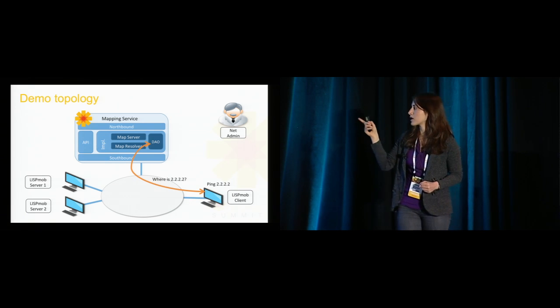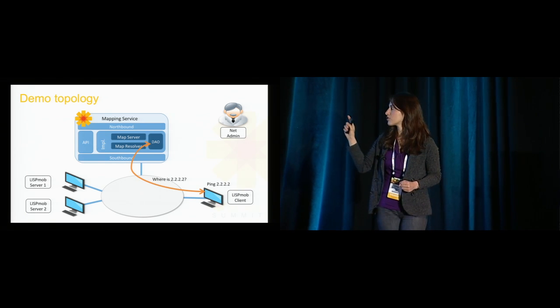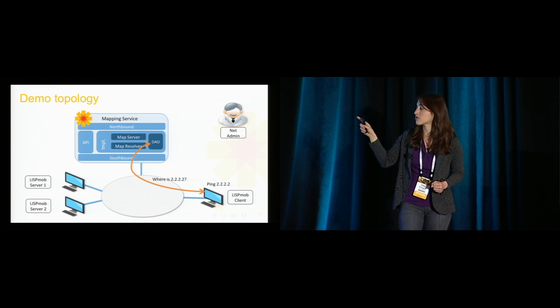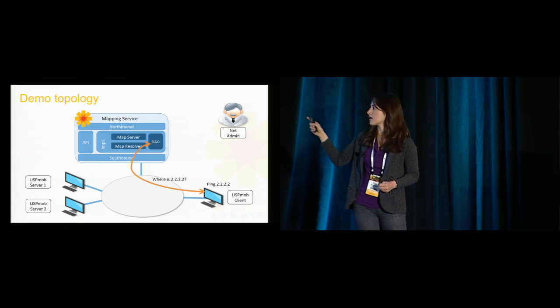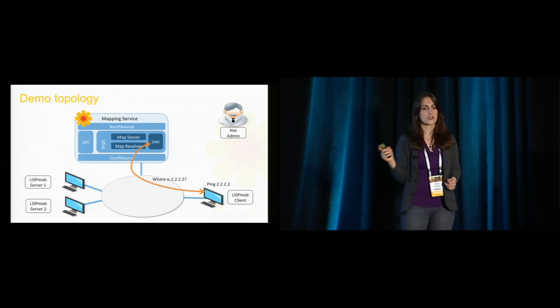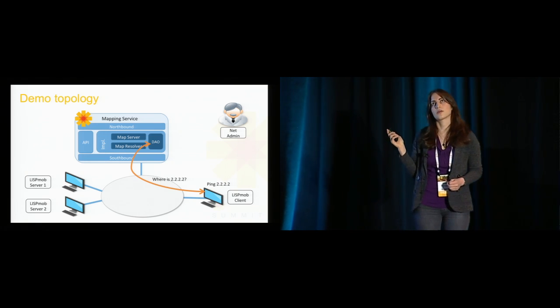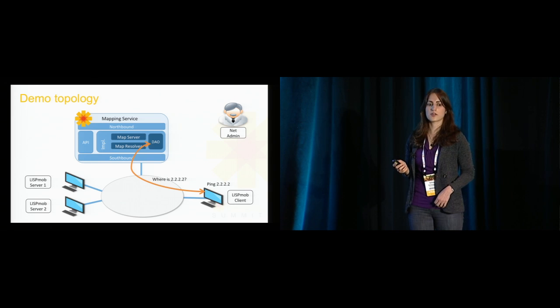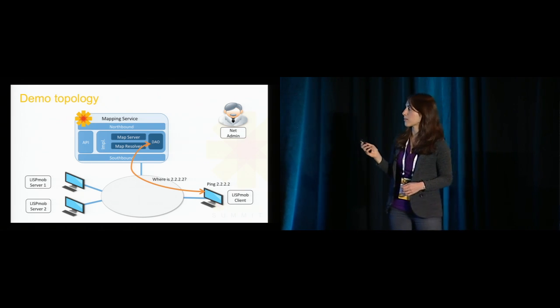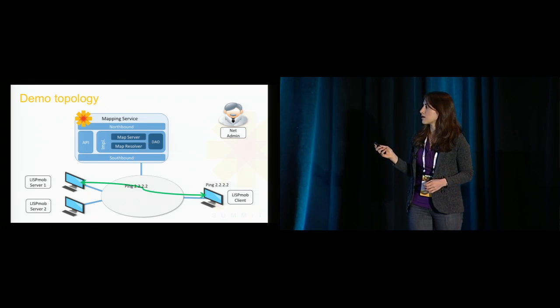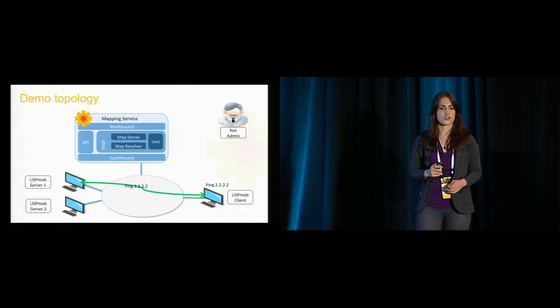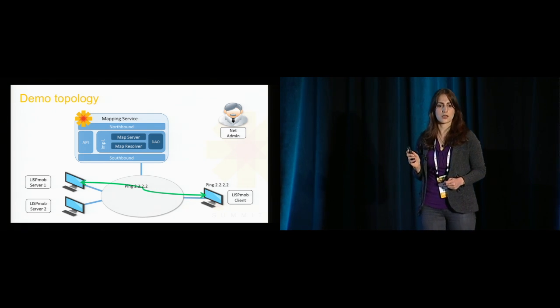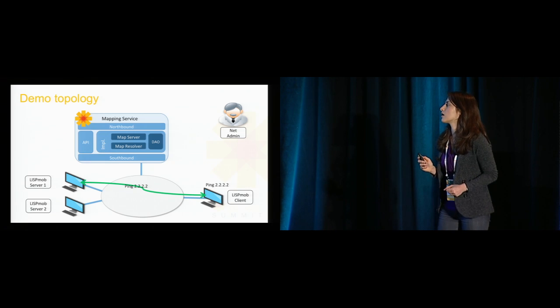And so when I ping the server address, the client is going to go to the mapping system, or to OpenDaylight via the southbound plugin. It's going to look up the mapping, and it's going to get the address of the first server. And so the ping is going to start going back and forth.